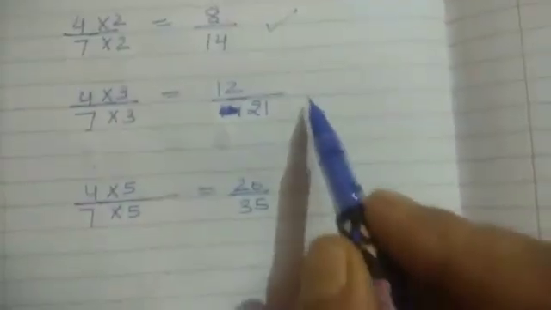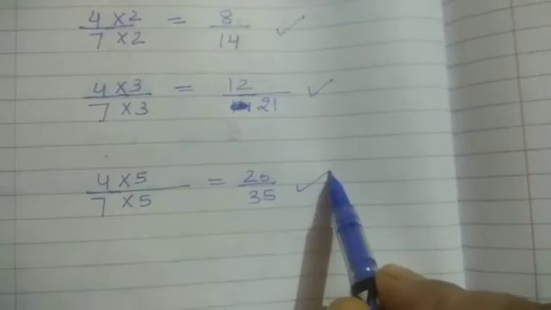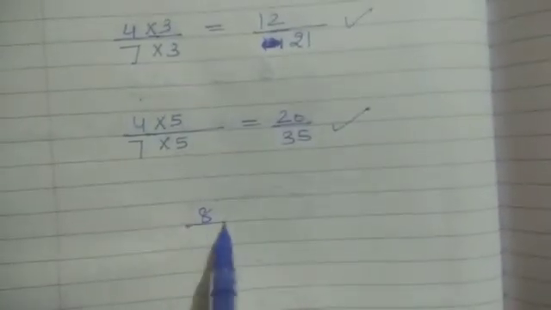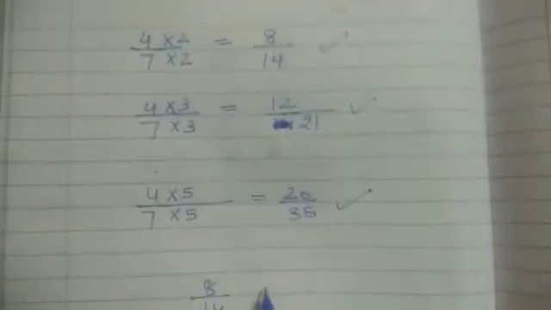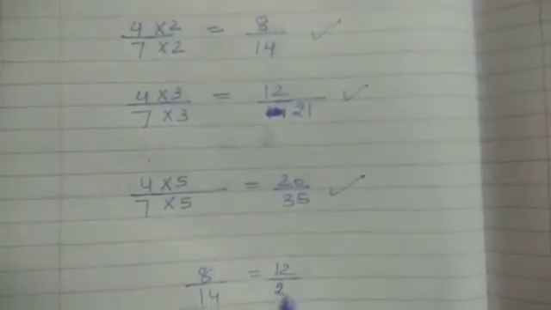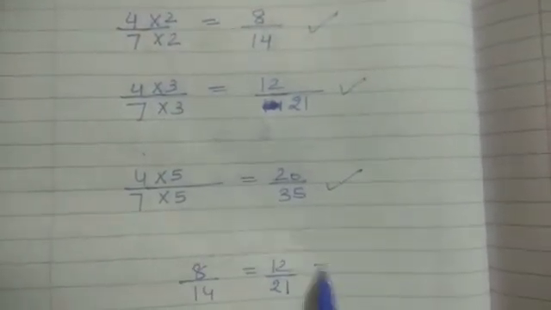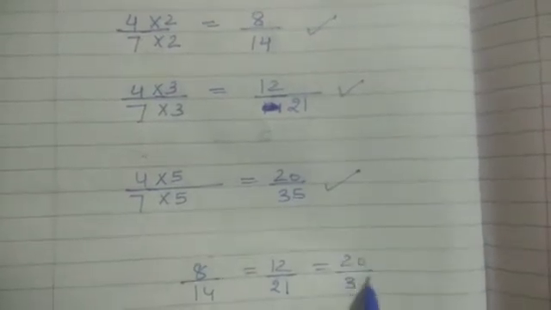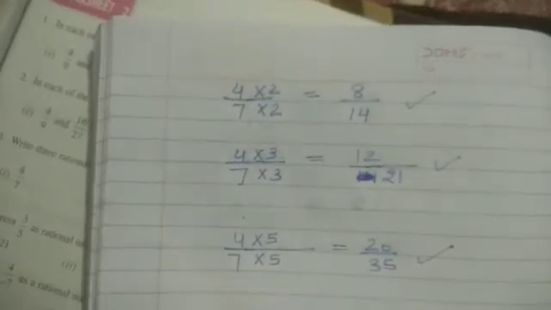So these are all equivalent fractions: 8 by 14, 12 upon 21 and 20 upon 35. These are all equivalent to 4 by 7. So this is the answer. You can also cross check it.